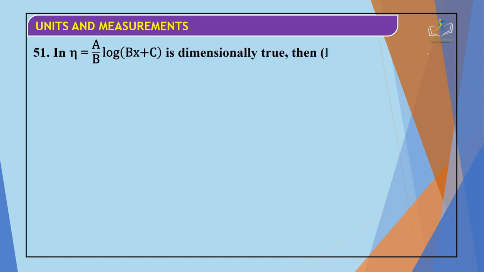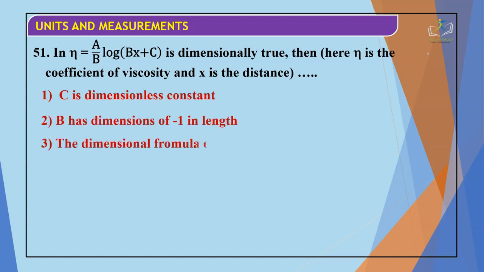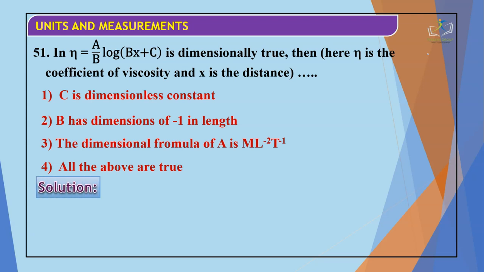Next question which we have: eta is equal to a by b log bx plus c. This is dimensionally true. Here eta is the coefficient of viscosity and x is the distance. So c is dimensionless, b has a dimension of the inverse of length, the dimensional formula of a is ML minus 2 T minus 1, all the above are true. The correct answer for this question: bx is equal to constant.